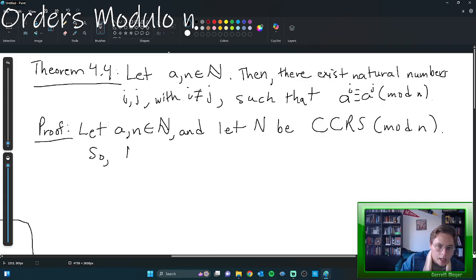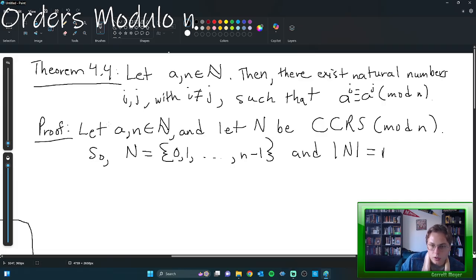So N equals this set, and the cardinality of N, or the size of N, is just n. Okay, I'm making it worse by trying to correct my ugly looking n. Yes. Okay, so the size of the set is just n. There's n elements total within it.